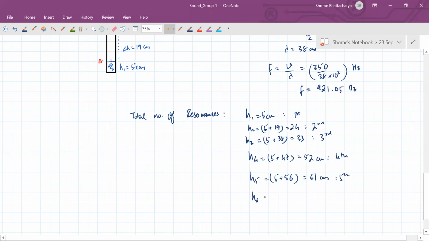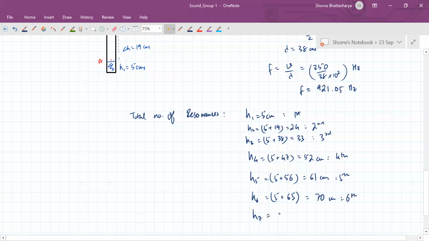Then the sixth resonance will be at 5 plus 65, that is 70 centimeters. That's your sixth resonance.